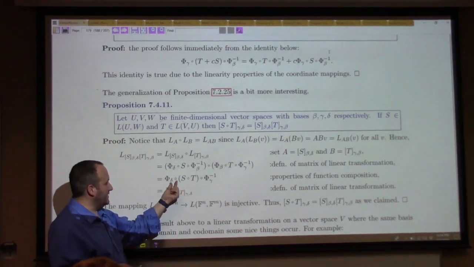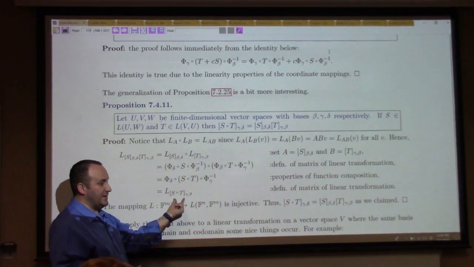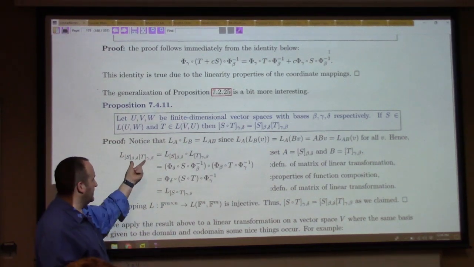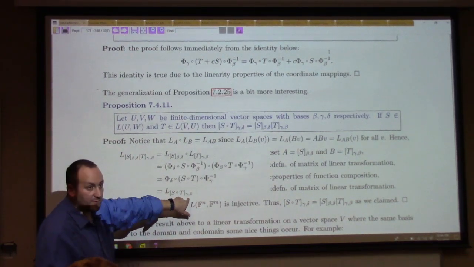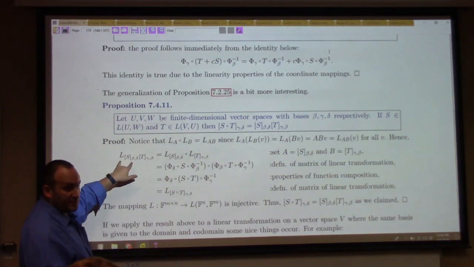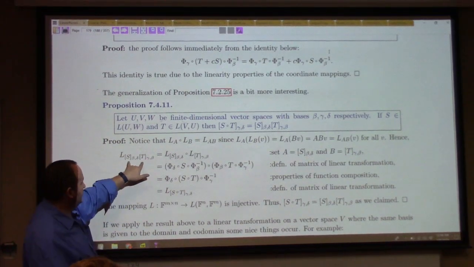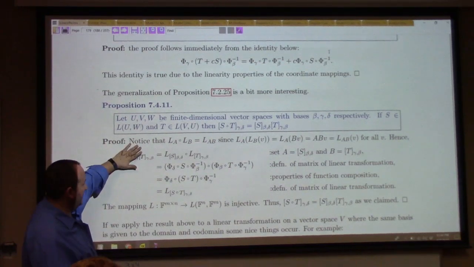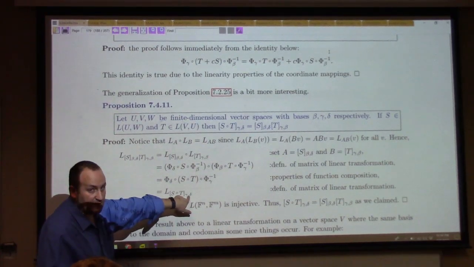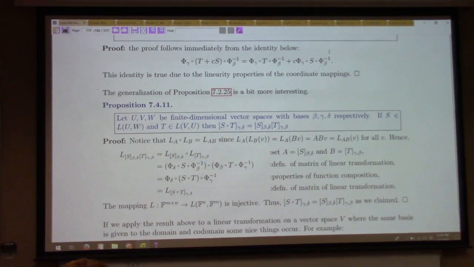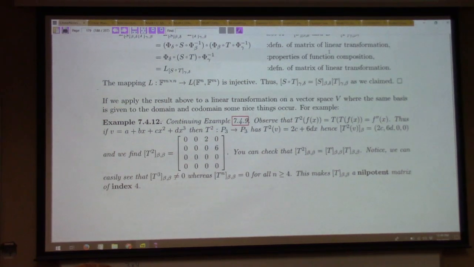But that's exactly the multiplication by that matrix. And so that proves that this is equal to this, and if this is equal to that, it follows that these matrices are equal, because two linear transformations are only equal if their standard matrices are equal. And this is the standard matrix of this transformation, and that is the standard matrix of this transformation. So anyway, it's true, which is wonderful.